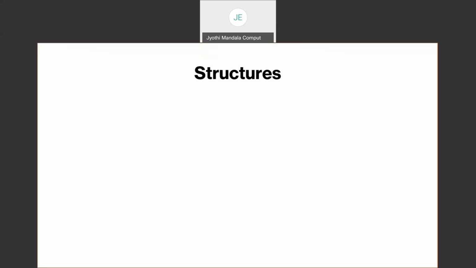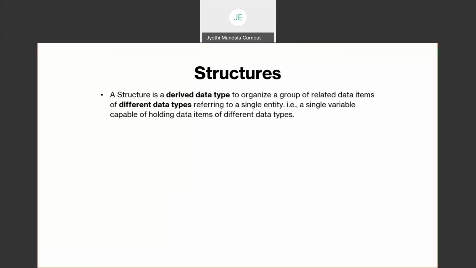If you want to store such data with a single variable name, that can be done by using our structures concept. Array is defined as a homogeneous collection of data elements, whereas structure is defined as a collection of heterogeneous data type elements. Heterogeneous is nothing but a collection of different data type elements which are referred to by using a single variable.